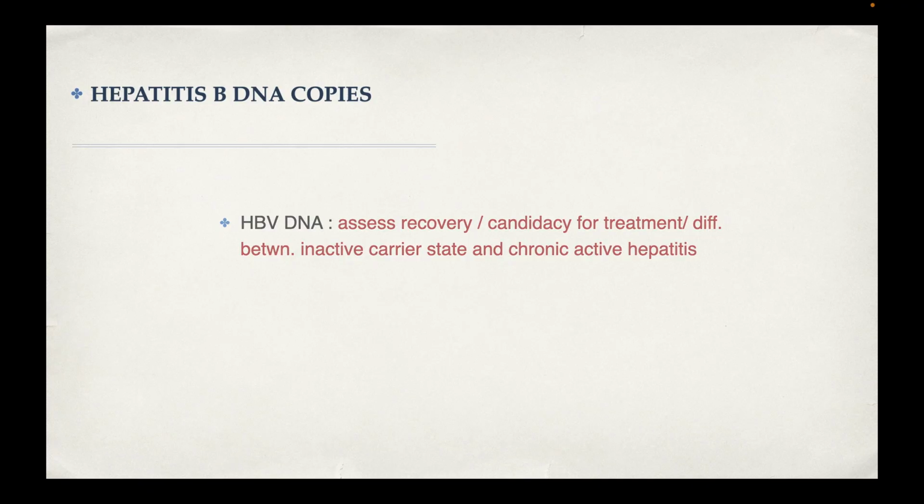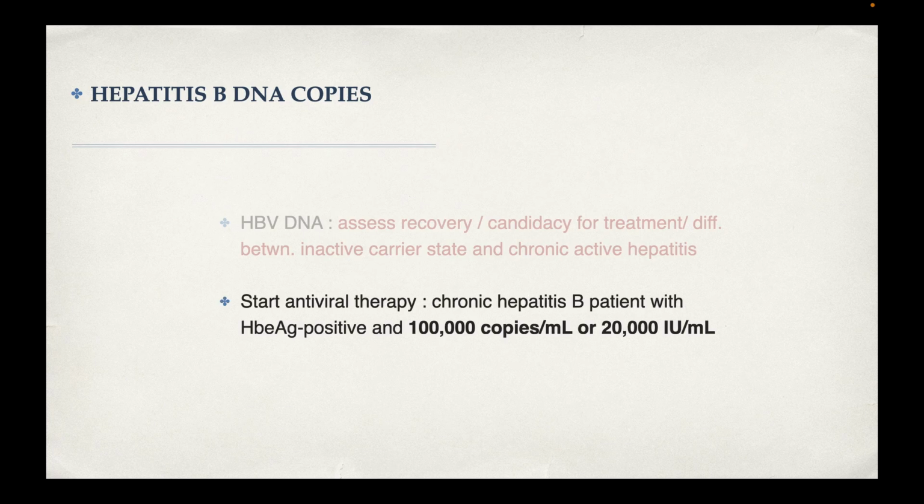And so the cutoff for the initiation of antiviral therapy, we have it in a chronic hepatitis B patient with hepatitis B E antigen positive. So anytime you have such a patient with a viral load of about 100,000 copies or 20,000 international units, you may initiate the antiviral therapy.